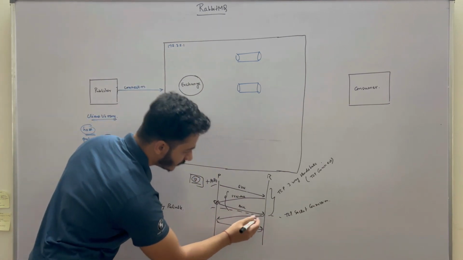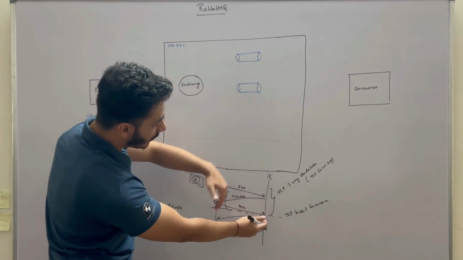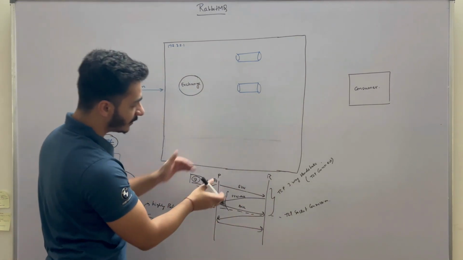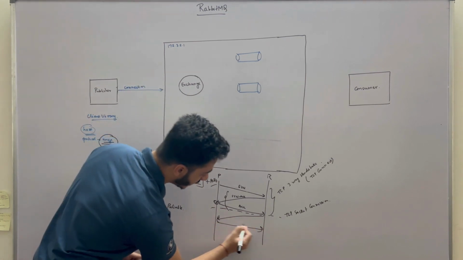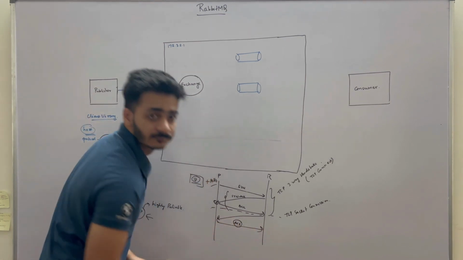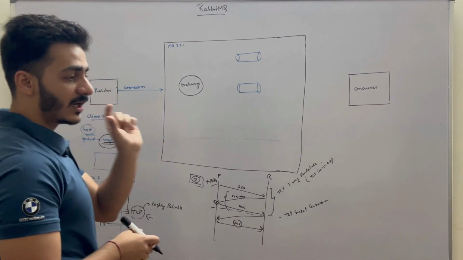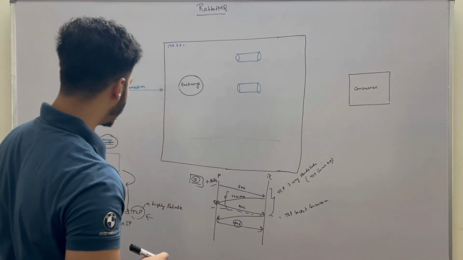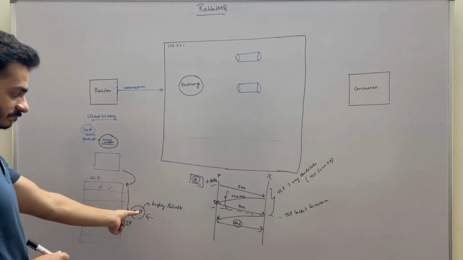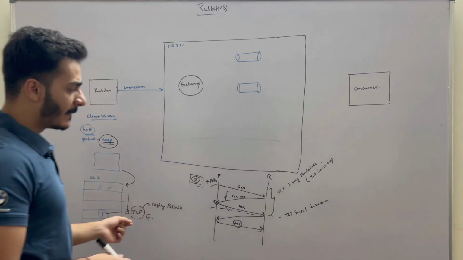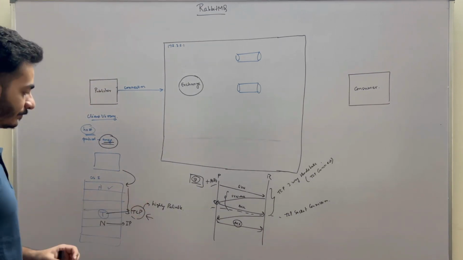Suppose RabbitMQ wants to communicate with this server, so it will send a packet, but now this publisher will have to again send an acknowledgement over here. All right, so everything involves acknowledgement here. That is the beauty of TCP. Because of this acknowledgement it is a little bit slow, but it guarantees reliability.